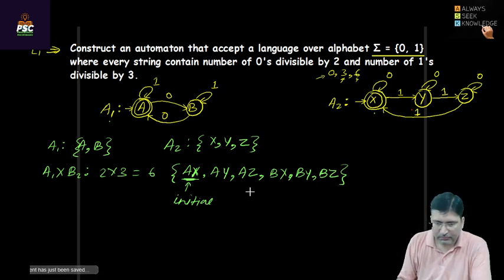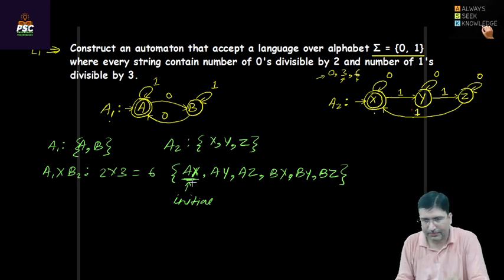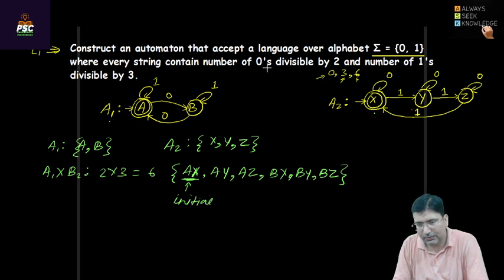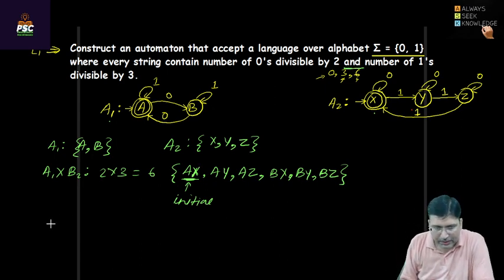Okay, so in this case we are performing union, either this or this. No, this is AND, right? So what it is saying is, the language with number of zeros divisible by 2, and if this AND is there, that means it is intersection. Both the conditions need to be true at a time. So we are going to perform the intersection operation.